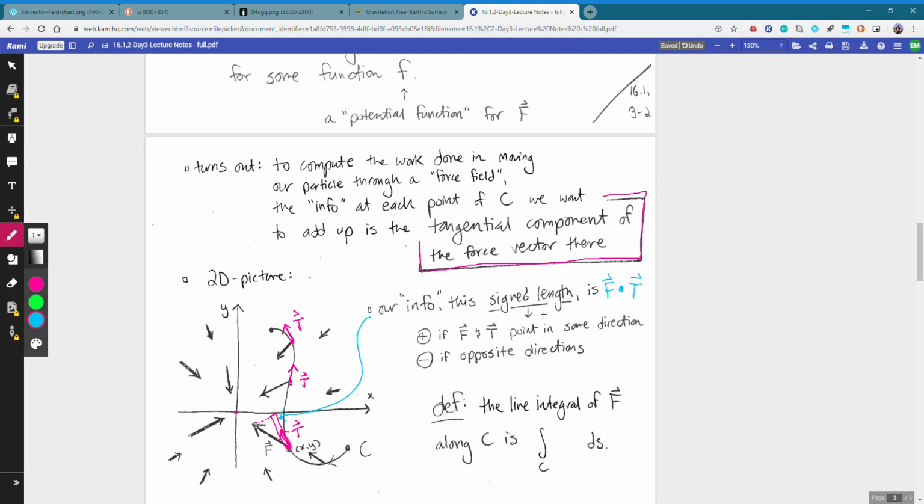And so here on this note, I'm adding a little bit of detail here.